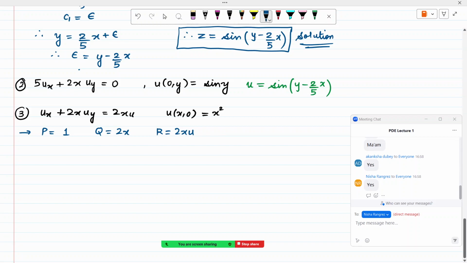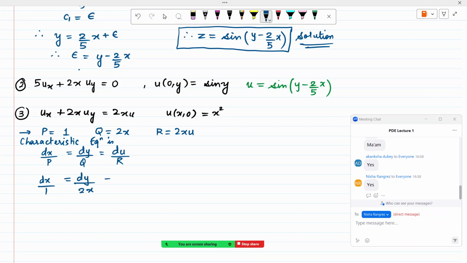So let's solve this. We'll now have dx upon p, dy upon q, and this time it will be du divided by r because the variable is u, not z. This is my characteristic equation. So dx upon 1, dy upon 2x, and du divided by 2xu. Now again, I'm free to take any two conditions.